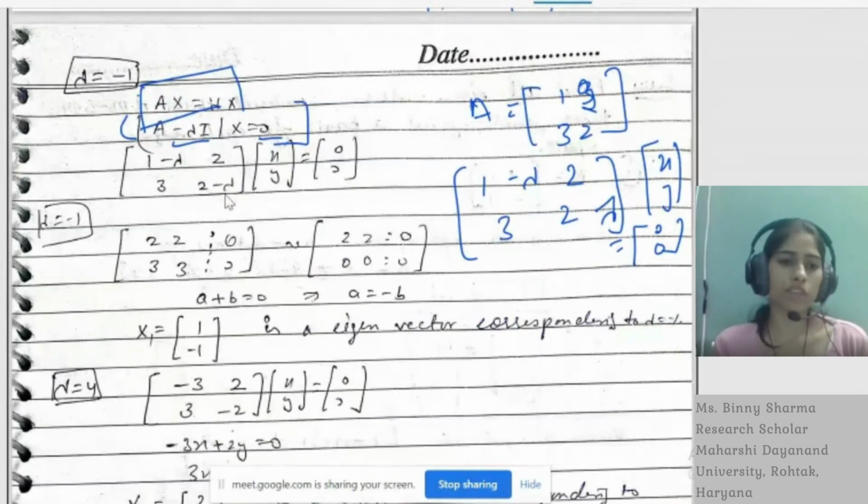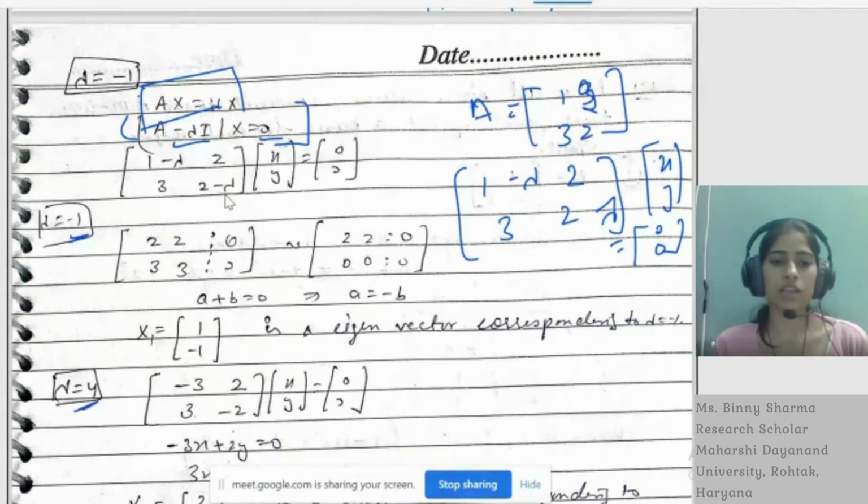We have two eigenvalues. One is minus 1, another is 4. So in the first case, we put lambda equals minus 1. What do we get? 1 plus 1, 2, 3, 2 minus of minus 1, that is 3.